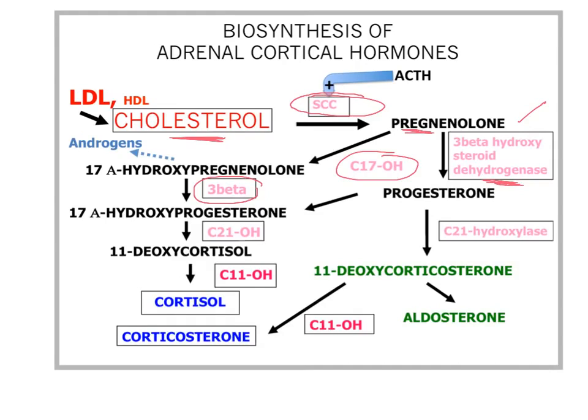And this product, 17 hydroxypregnenolone, can either go to the androgens, you'll see that here, or it can go down to 17 hydroxyprogesterone right here, and then be 21 hydroxylated to 11 deoxycortisol, and then 11 hydroxylated to cortisol.